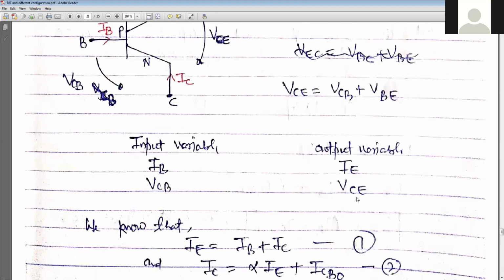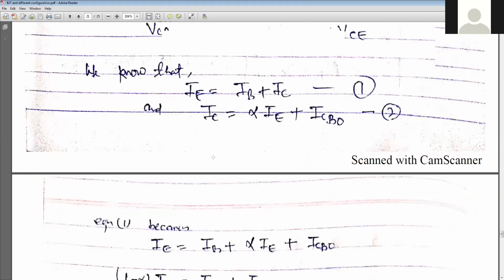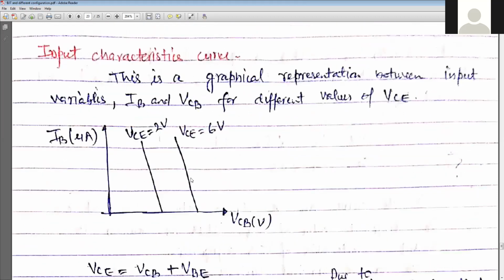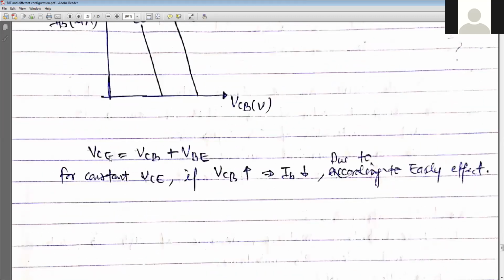So it is VCE divided by VCB. Now it will be VE divided by VCB, and you will see one bit of mathematics I have done here. So it is VE divided by VCB, which is equal to 1 plus VBE divided by VCB. And this is what is called the voltage gain.